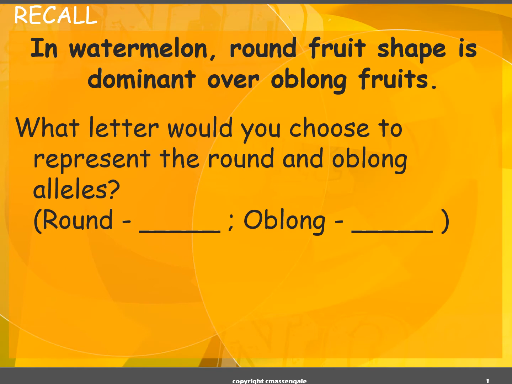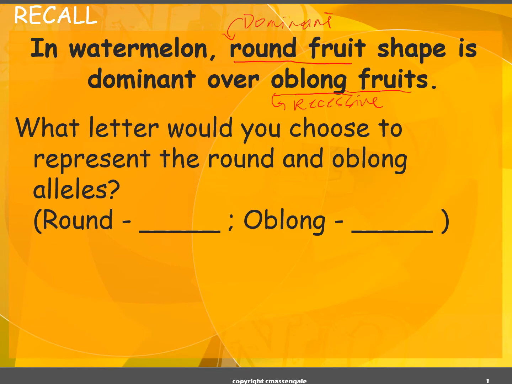So in our problem here, class, it is already stated that round fruit is dominant. So, this is our dominant trait. And oblong is the recessive trait.